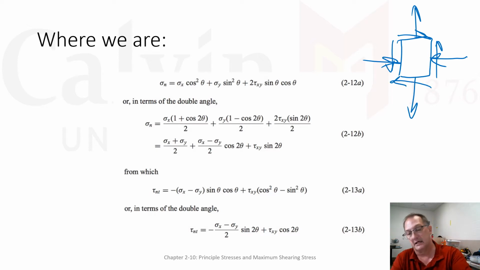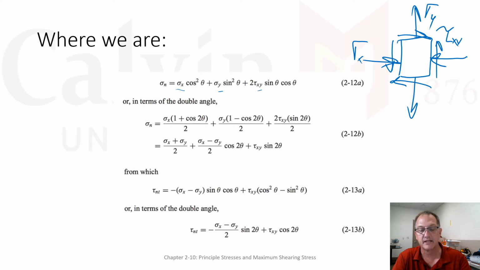We've got a sigma x, we've got a sigma y, and we've got a tau xy. We could plug those into this equation, and for any angle theta, which related the xy to some new orientation, we could calculate what the normal stress was on that plane.